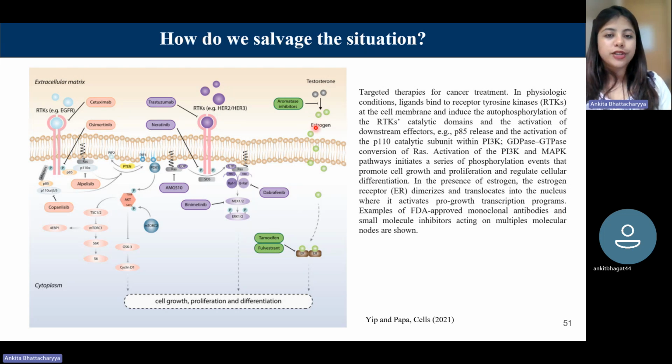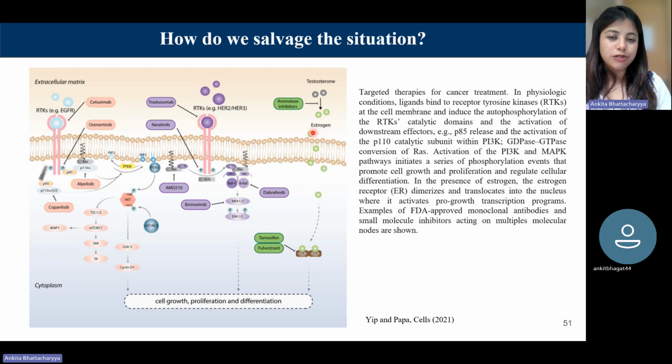So this is estrogen shown here in green. What you see above it is testosterone, which is circulating within the system of an individual, and that gets converted into estrogen, facilitated by an enzyme known as aromatase. Therefore, inhibitors of aromatase will disrupt that process. Estrogen is able to diffuse through the membrane.